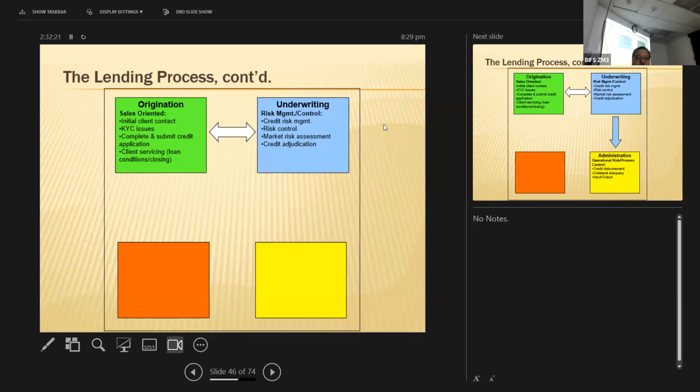But it's important, like I said, to have that two-way communication to help relieve some of the conflict, because of the nature of the two functions. If it's approved by credit underwriting, it finds its way to administration.